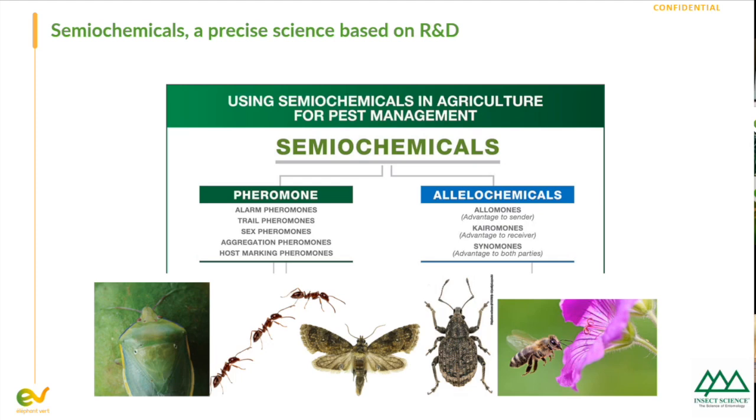And these scents can be picked up by the insect and then the insect will move towards that crop, knowing that it is phenologically mature and it can do damage and complete its life cycle within that crop. So that's allelochemicals.